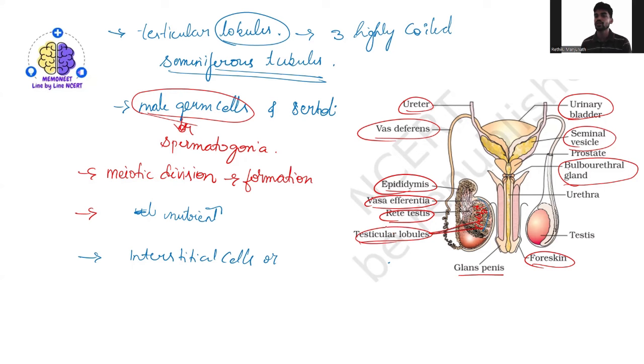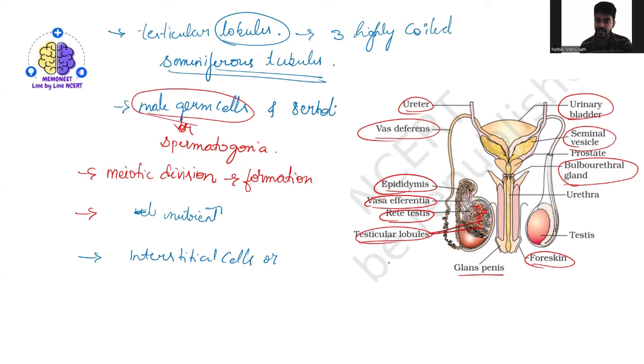If you know the diagram properly, and from where the parts originate, you can try to make your own sentence, and you'll also understand the concept very easily. So here what you can see is the testicular lobules, where these seminiferous tubules are present in the rete testis. These open to the vasa efferentia, obviously through the rete testis.